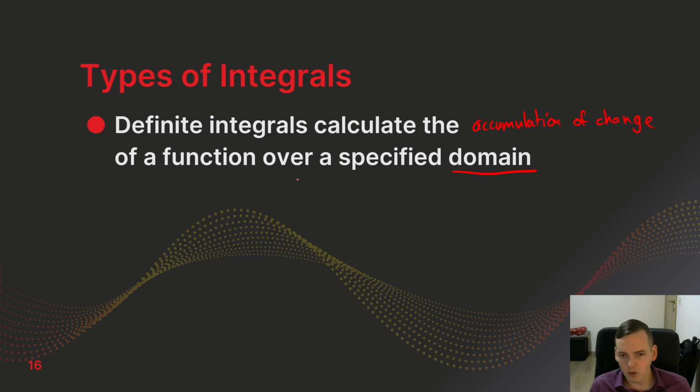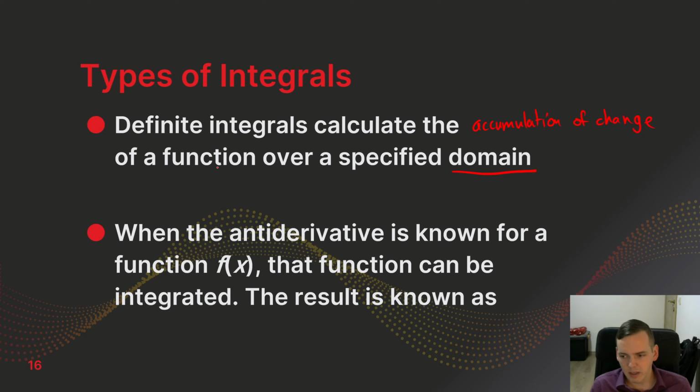So this is a total over a specified domain, and that will end up looking like this: the integral from a to b of f of x dx is equal to what we just saw before, the sum from i equals 1 to infinity of f of x_i delta x. So the infinite Riemann sum is, by definition, this integral.